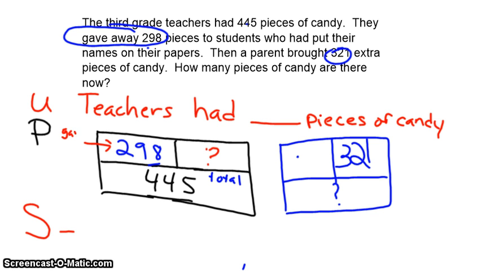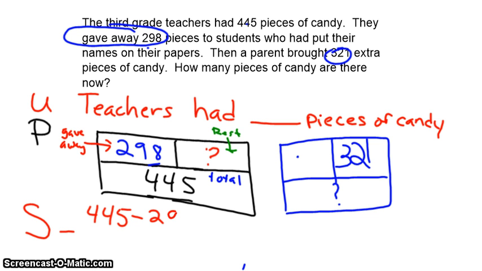We gave away. And this is what? We don't know what this is going to represent yet. How much is the rest of it? The rest, what's left, right? Okay, what's left on that part of the problem? Okay, so if we do the subtraction, it's going to be 445 minus what?